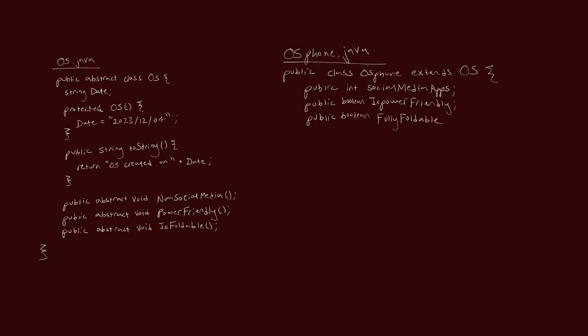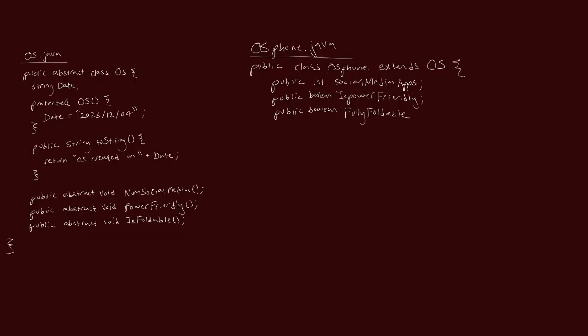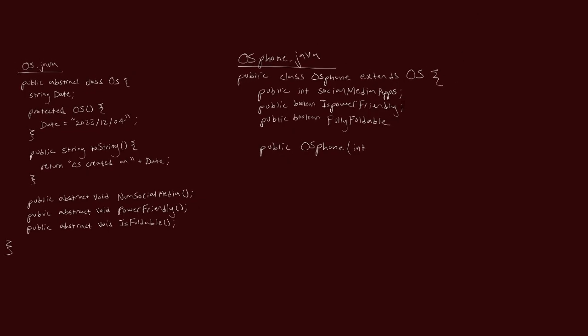All right. Now we'll set up an OSPhone constructor. So public OSPhone, and then we'll add an int. Hold on, I'm just going to start copy pasting these because I just realized how long it's going to take me to write all of these. Copy, paste. There we go.